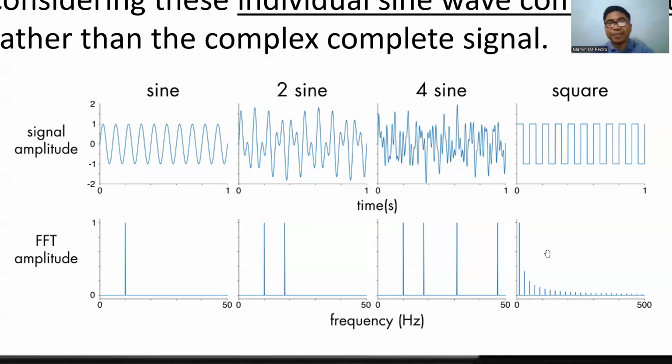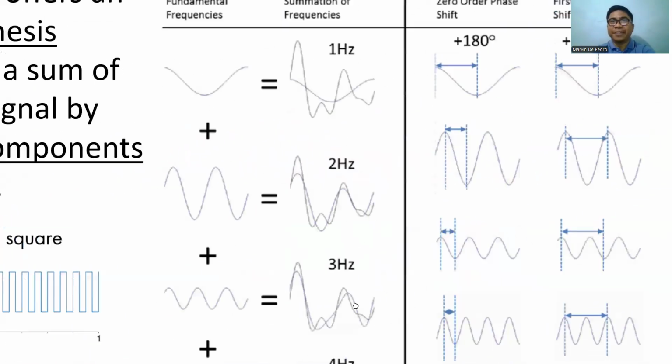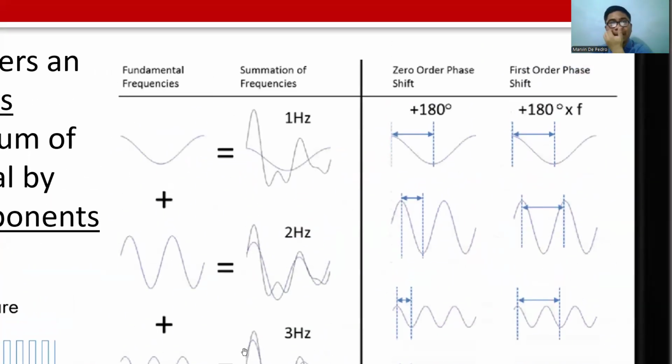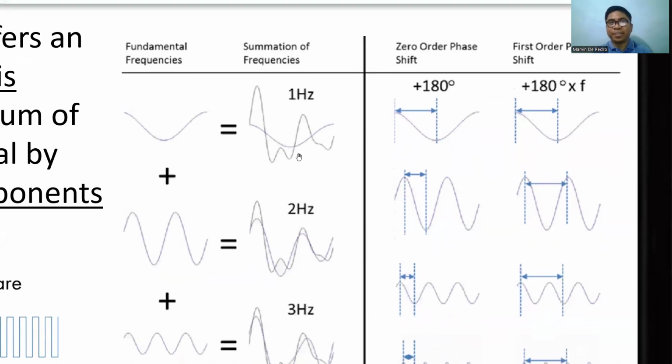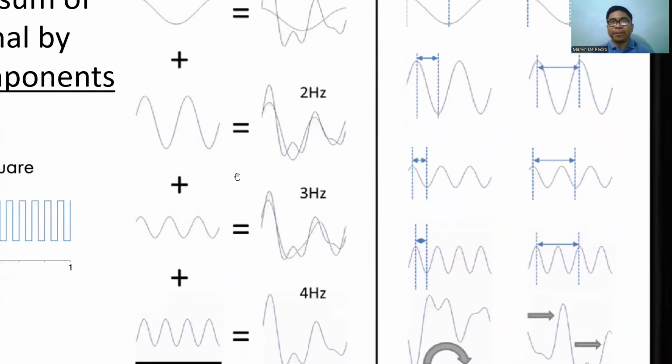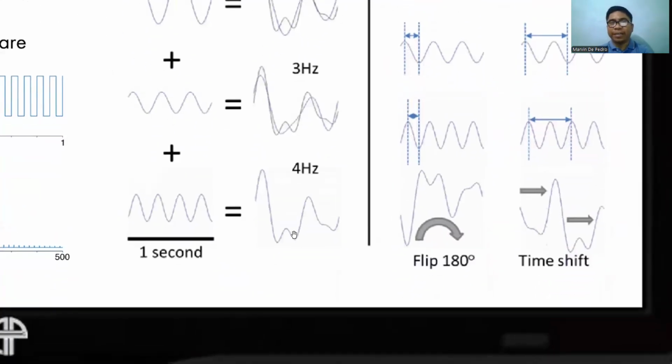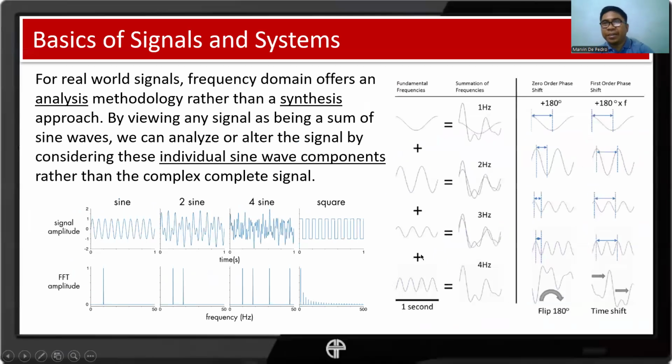So that's an overview of signal processing. We have to dissect first the composition of a given signal. Imagine this, one fundamental signal plus another one. For 1 hertz, it has something like this. For 2 hertz, if we add another one, then we have this kind of signal, and then add another one.